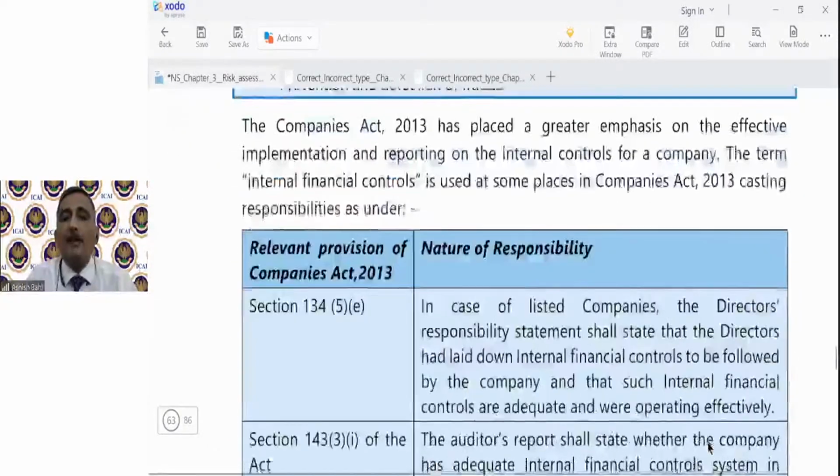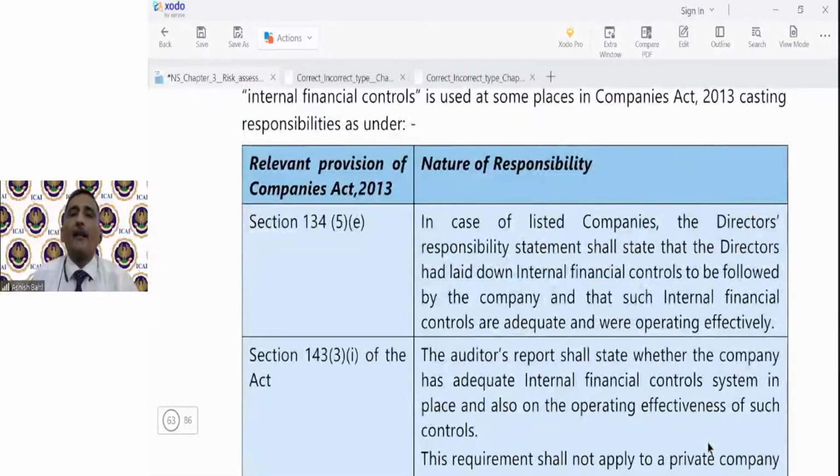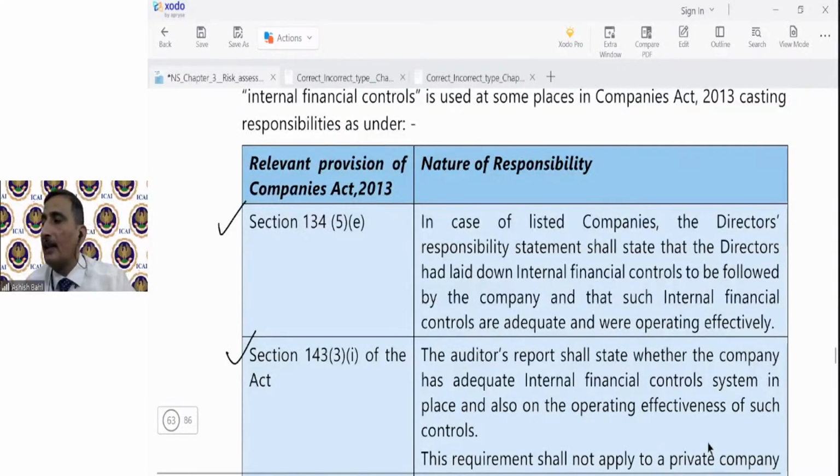This topic states that reference to internal controls is made in the following sections of the Companies Act. You would be reading about these sections, students, when you would be going through your company law classes.